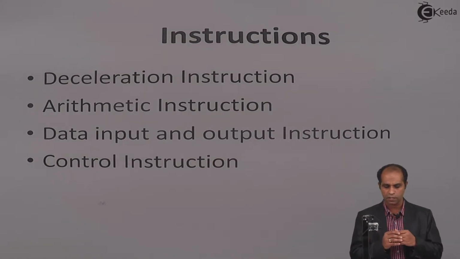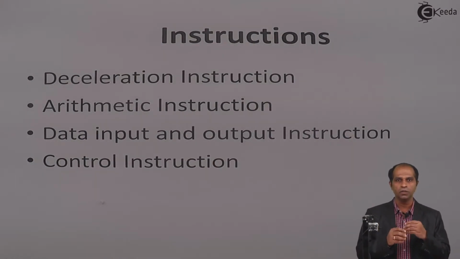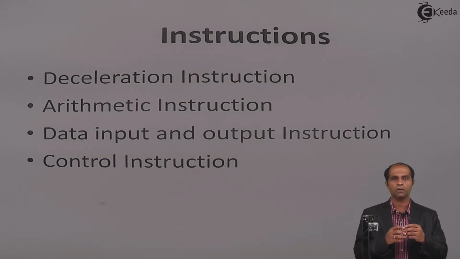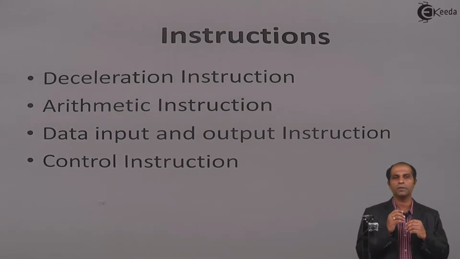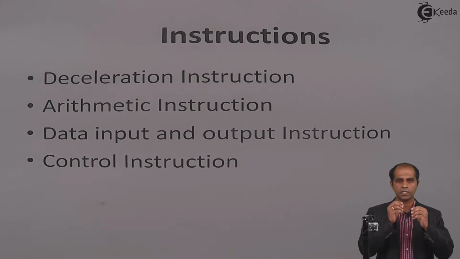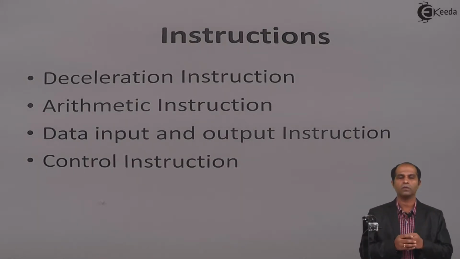Now these instructions are again used to repeat. A C program can have a set of instructions being repeated. Now these repetitions can be carried out using the control instructions. Normally when I write a C program, you'll have a sequence of execution one by one.